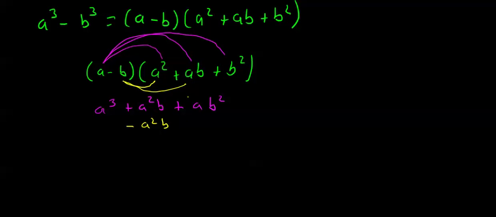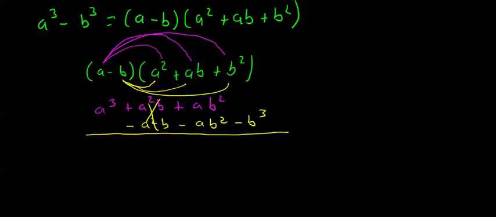Negative b times ab squared is minus ab squared, and negative b times b squared is minus b cubed. These cancel, and we have a cubed minus b cubed. So if you forget, or you're not sure if it's right, you can always check it by multiplying.